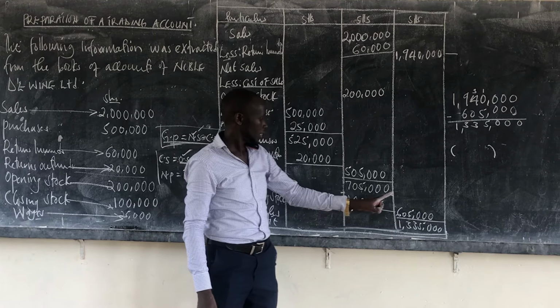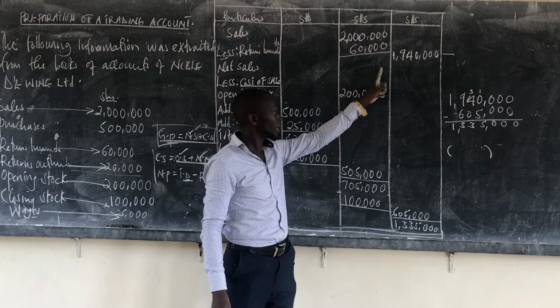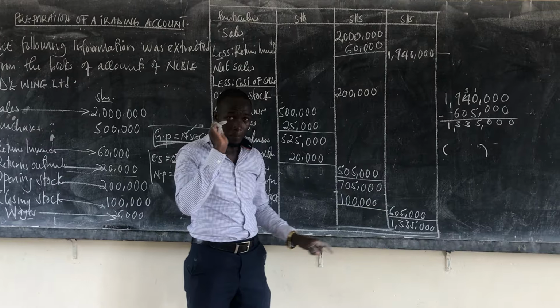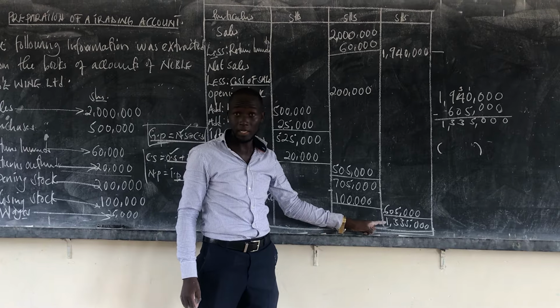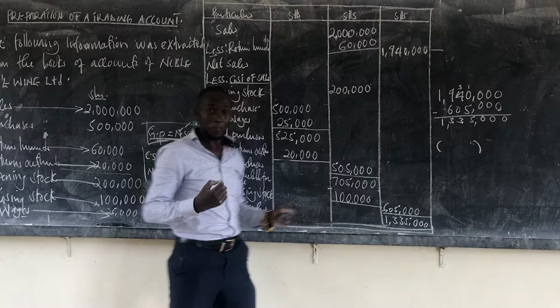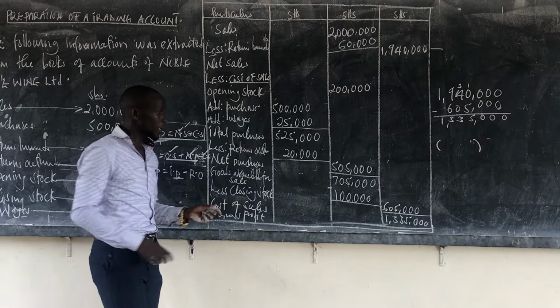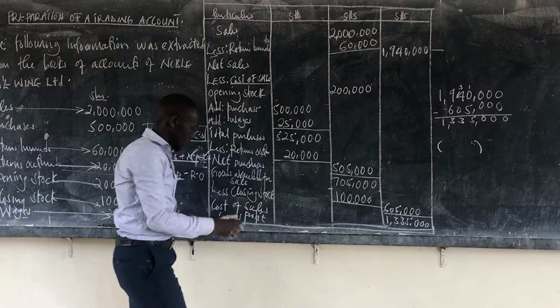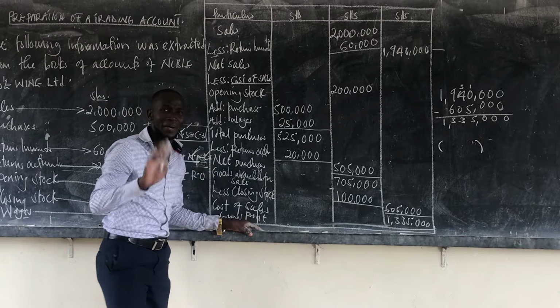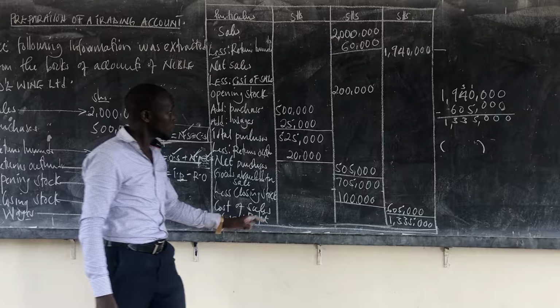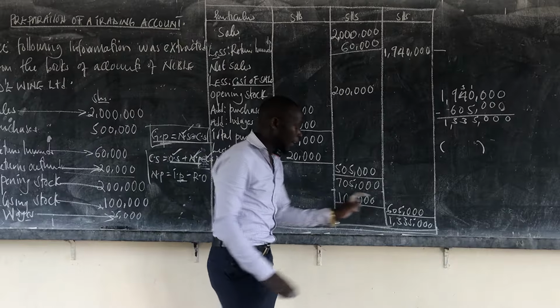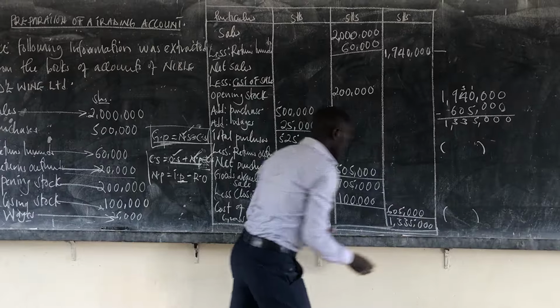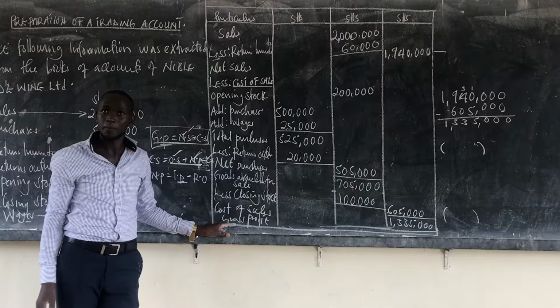I repeat, if this amount was up and the amount up is down here, it is practically possible that you're going to get a negative gross profit. So practically it will give you a gross loss. If you had not written gross loss because you didn't know and you have written just gross profit, don't mind. It's okay. What you do, write the figure here, put it in brackets, leave the word gross profit here.